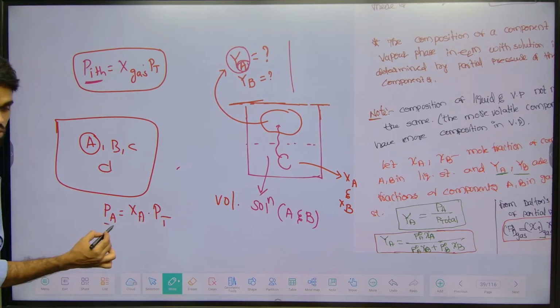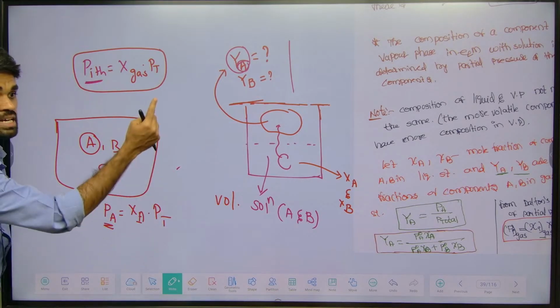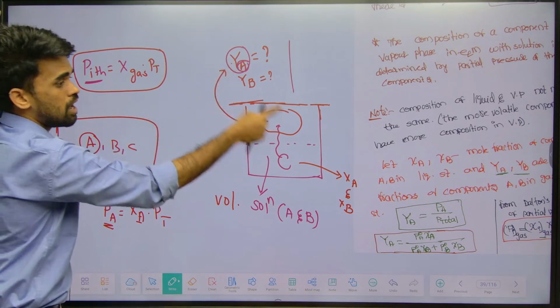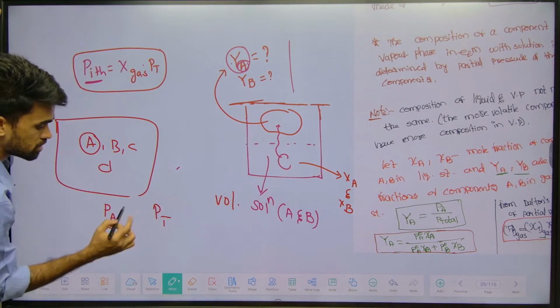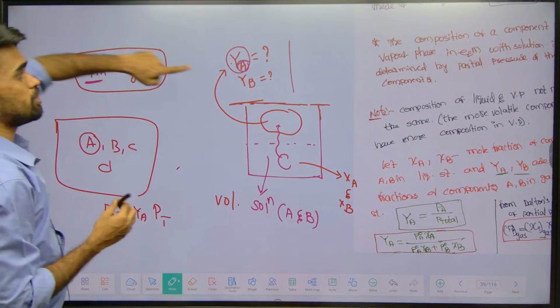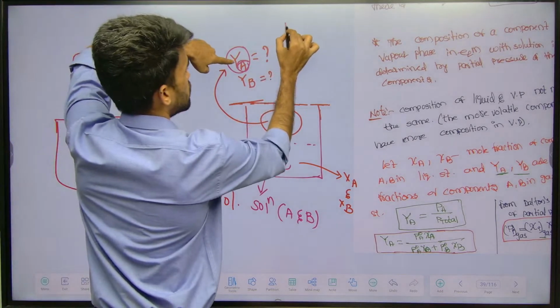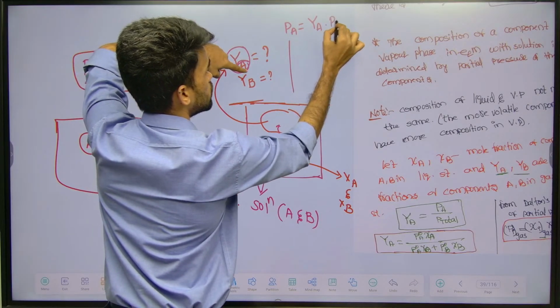So PA equals chi A times P total. For gaseous phase, should I use Y or X? Y. So PA becomes equal to YA into P total.